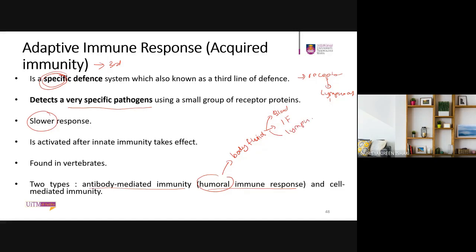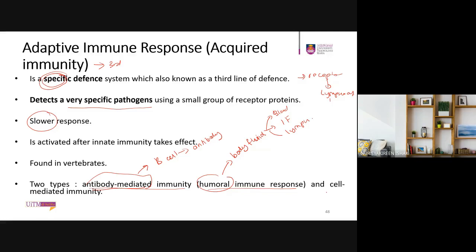Kenapa juga kita panggil dia sebagai antibody? Because the humoral immune response will activate B cell. When it is activated, it will produce and secrete antibody against that specific pathogen.